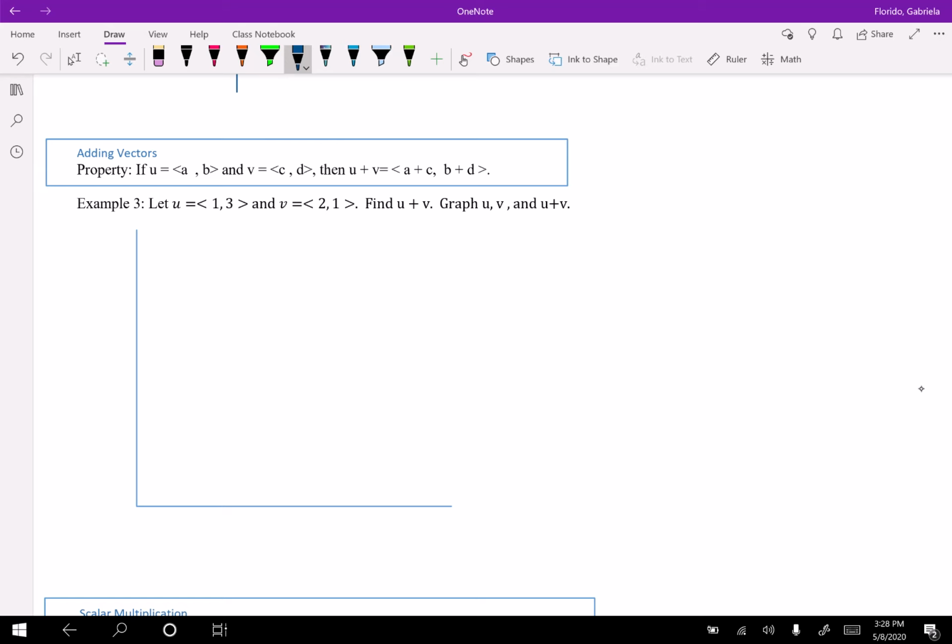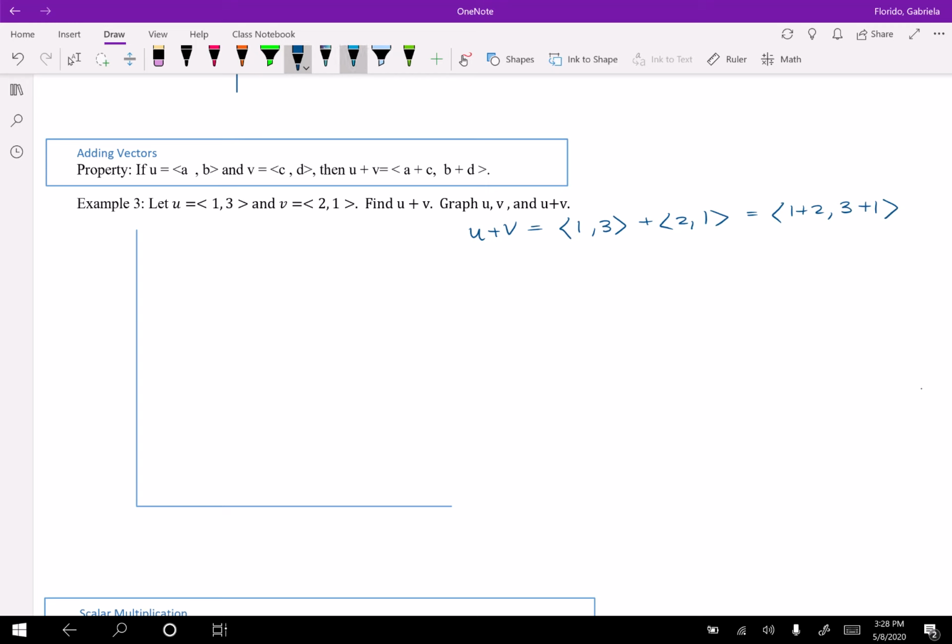So we have u plus v is going to equal, again, the sum of the first components, comma, the sum of the second components, which is going to equal 1 plus 2, comma, 3 plus 1.